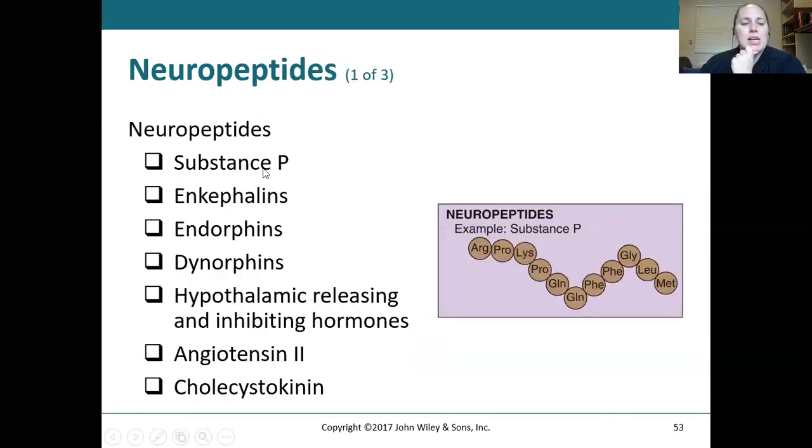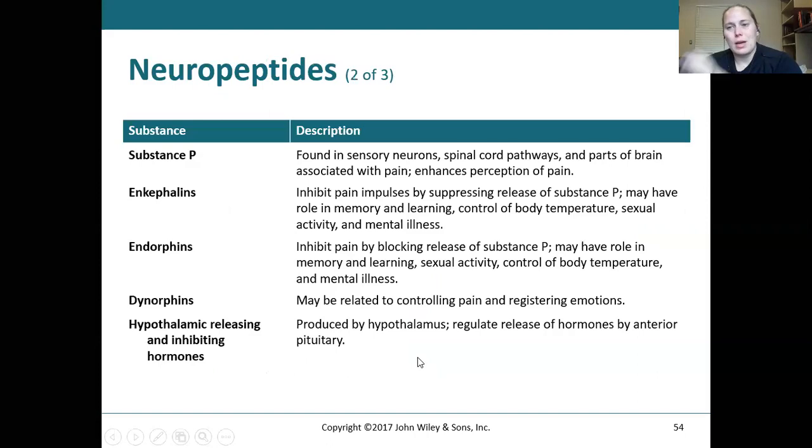Okay, neuropeptides. This is just kind of an FYI. You will not need to know anything on this slide. Substance P, enkephalins, endorphins, dynorphins, hypothalamic releasing hormones, angiotensin II, cholecystokinin. These are neuropeptides. Again, you don't need to know them for this particular chapter. It's kind of giving you a description and some of the effects of those neuropeptides.